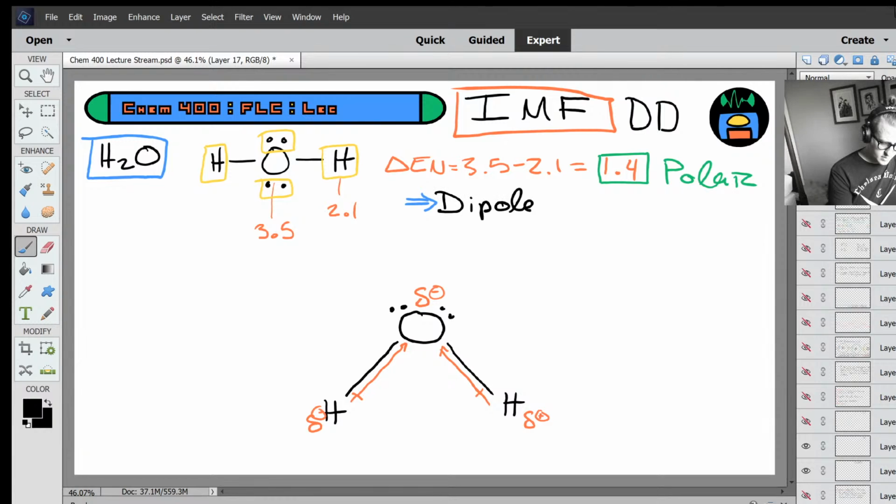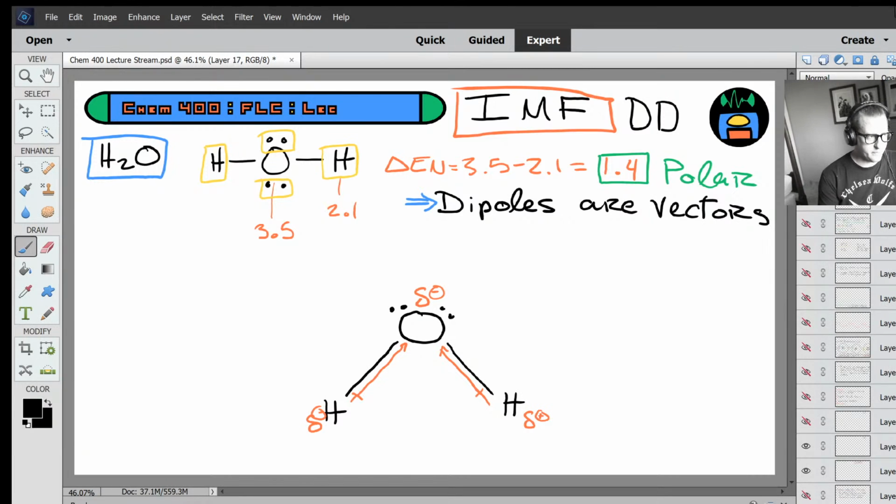Dipoles are vectors. They're vector quantities, which those of you who have taken physics have dealt plenty with vectors, right? And vectors are quantities that have a magnitude and a direction.